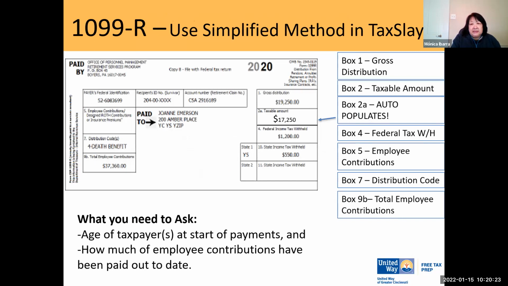What you need to ask in order to complete the simplified method is what the age of the taxpayer is, or if it's a joint survivor account, what the ages of the taxpayers are at the start of the payments. And then how much of the employee contributions have been paid out to date. Sometimes they have that information. Sometimes you might need to look at a prior year return in order to figure out what that is. But let me show you what it's going to look like on TaxSlayer.